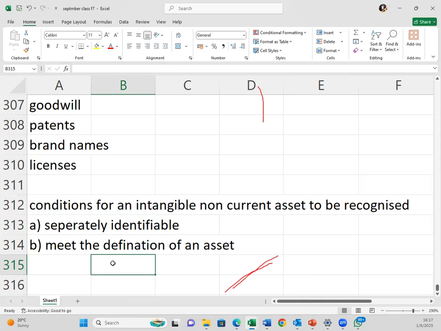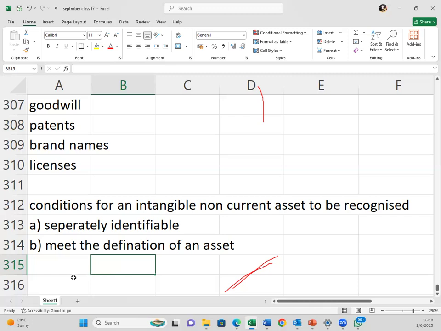Let me see the change from the day I start using your method. If it's not going to bring any economic benefit, then it does not meet the definition of an asset. So for it to be an intangible asset, it must be capable of bringing economic benefits.